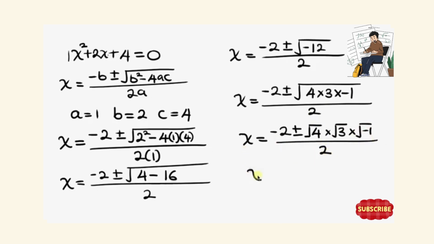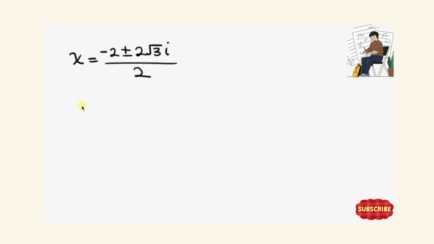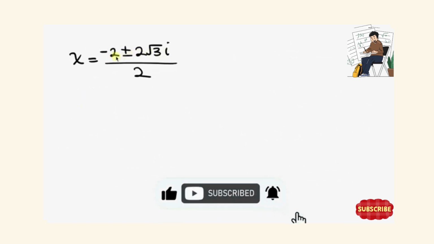So x now becomes -2 plus or minus the square root of 4, which is 2. So 2 times the square root of 3, times the square root of -1. The square root of -1 is actually iota. All over 2. Now notice that 2 is common in the numerator. So we're going to be factoring out 2.